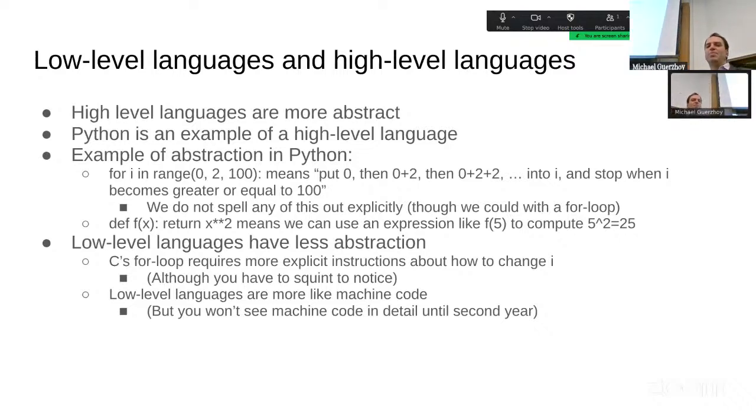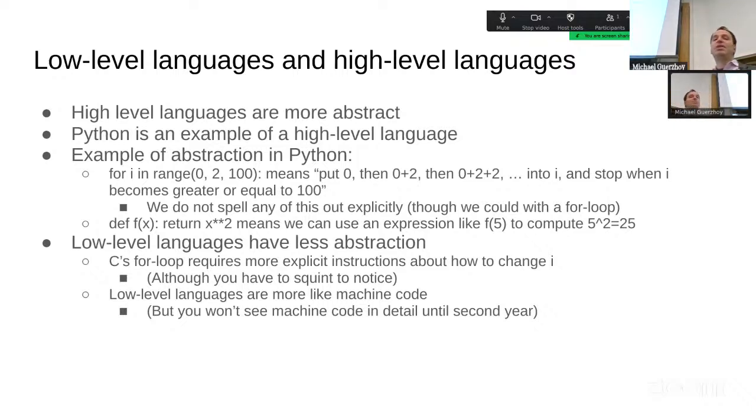So something that's kind of similar but distinct from what I was talking about is low-level versus high-level programming languages. High-level languages, like Python, are more abstract.